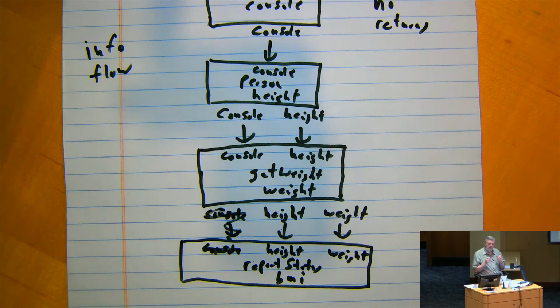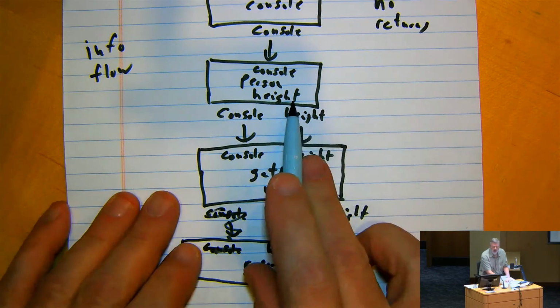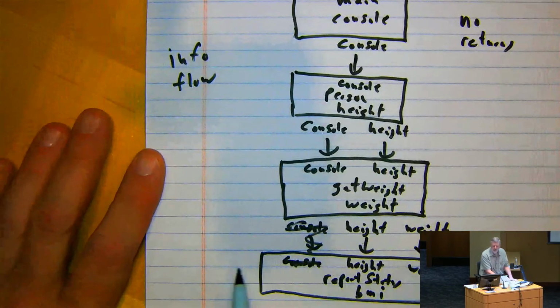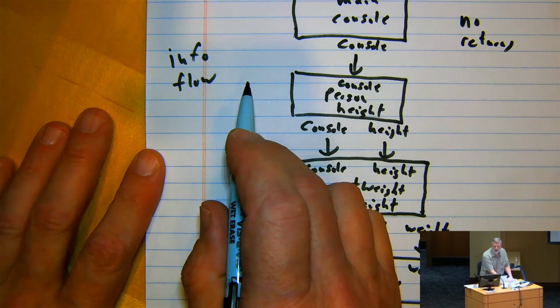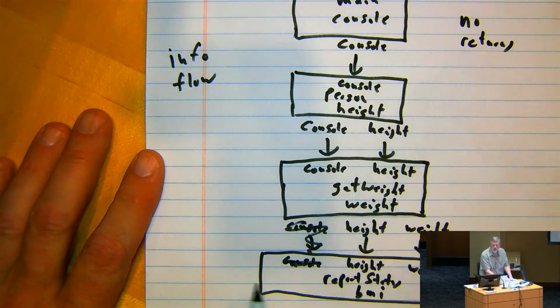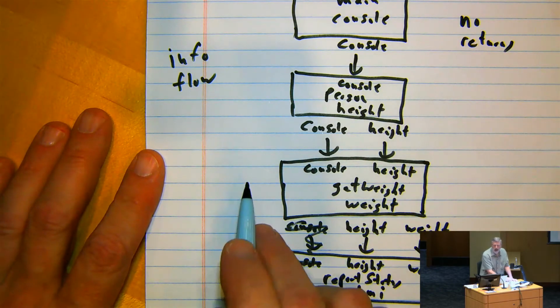The idea that I think ends up having the most promise is, well, look, if you got a height and a weight and you used it to compute a BMI, then somehow that BMI that's way down here, trapped in this low-level method, it has to come back up the chain. It has to kind of come back up this sequence of methods, and that's what we use a return for. That's what we use returns for, is to get a value to go back.